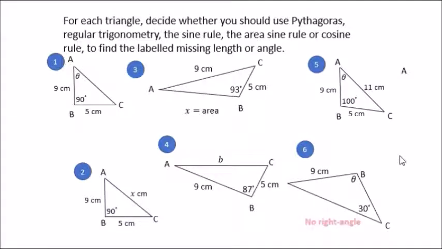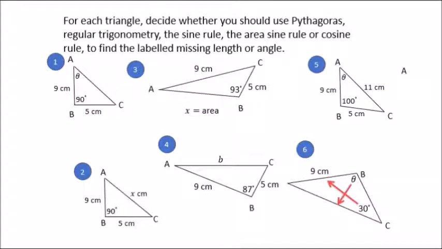Question 6 is not a right angled triangle, nor do we have all the information we need for sine rule. So in this case, we have a pair of knowns here, but from our unknown we don't know its opposite side, and we don't know anything about the other angle or the opposite side over here.